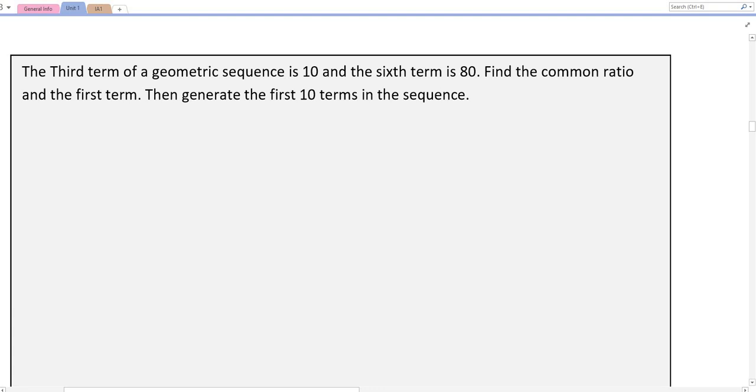So what do you know from the question? What does the question tell us? It's 80. So you know T6 is 80, and you know T3 is... You go from T3 to T6, how many jumps? 3.